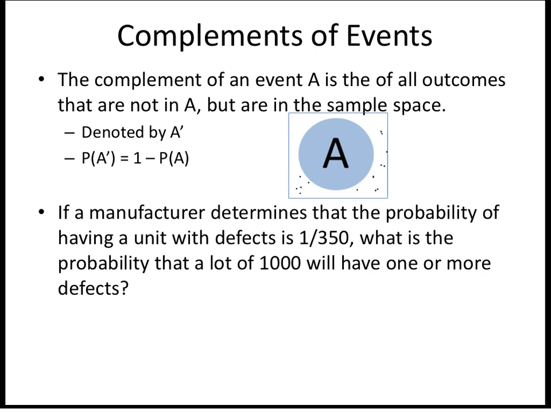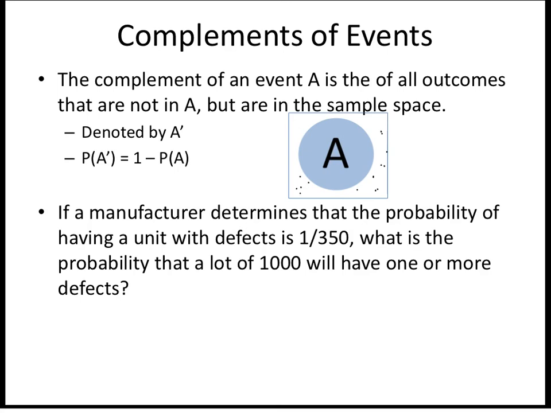So these kinds of problems require a little bit of twisted thinking, but not in a bad way. If we are looking at the probability that a unit is defective, that's 1 out of 350, right? Well, what we really want to consider is the probability that a unit is perfect.